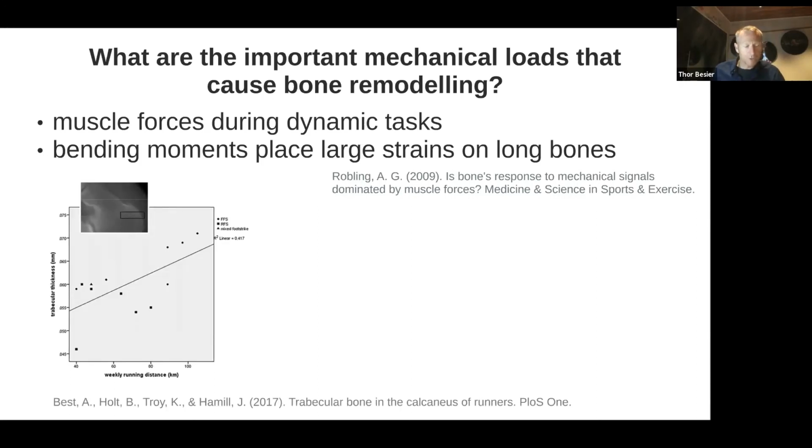Now, I just want to highlight some results from a recent study from Joe Hamill and his team, who have looked at trabecular bone in the calcaneus of runners. Although it's a little bit tricky to see here, I can zoom in on this.